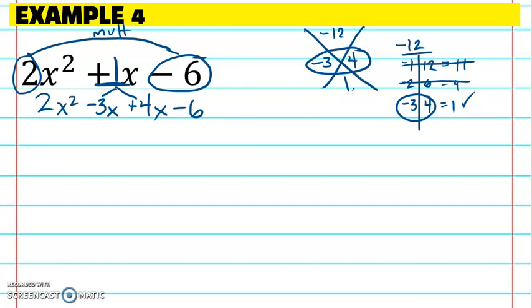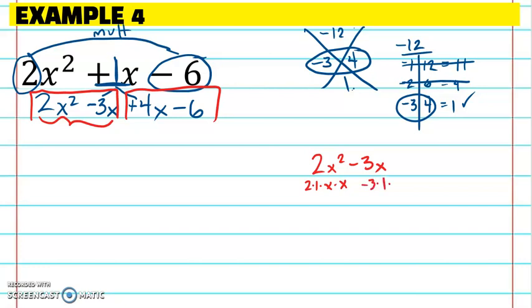All right, so I have my 4 terms, which means I can group it into my 2 binomials and then factor each part. So I'm going to have 2x squared minus 3x. I'm like, okay, that's 2 times 1 times x times x. This is negative 3 times 1 times x. Okay, all that they have in common is the 1x.